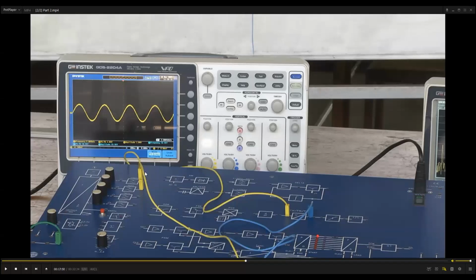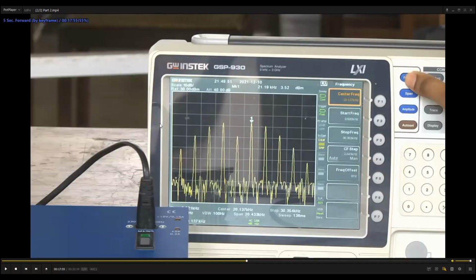Yes, madam. In the oscilloscope, we know that here we have the time axis, and here we have the amplitude axis, the voltage values here and the time axis here. But this is a spectrum analyzer, so this is the frequency axis. Like the time axis, this is the frequency axis.